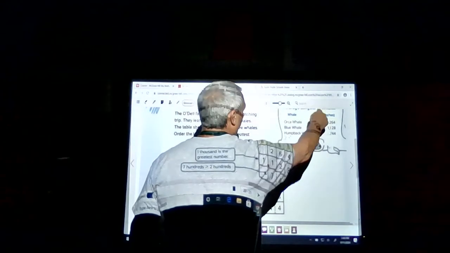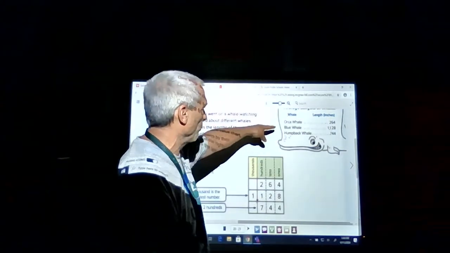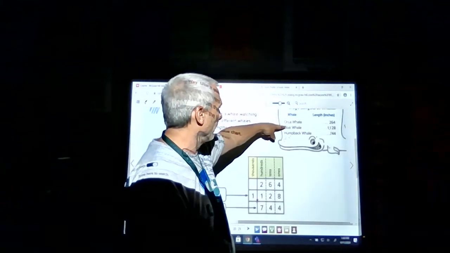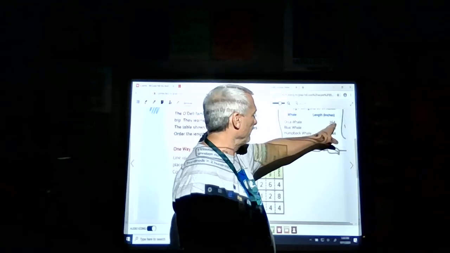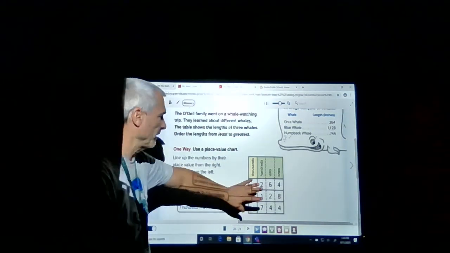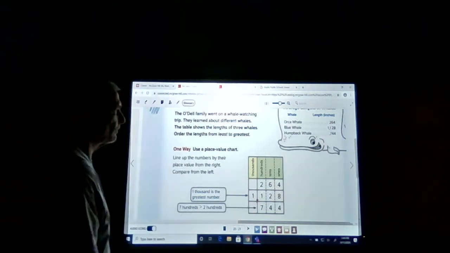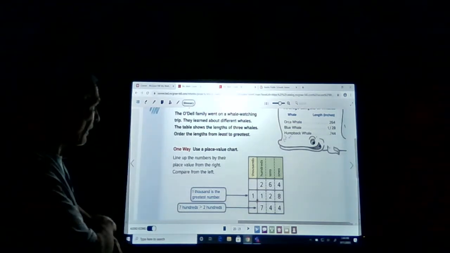Here's a picture of our whale there. And here's the length. There's 3 types of whales: an orca whale, a blue whale, and a humpback whale. And this is telling you how many inches long that is. Pretty big, we know that. So we'll need big numbers in order to identify the length of those whales.